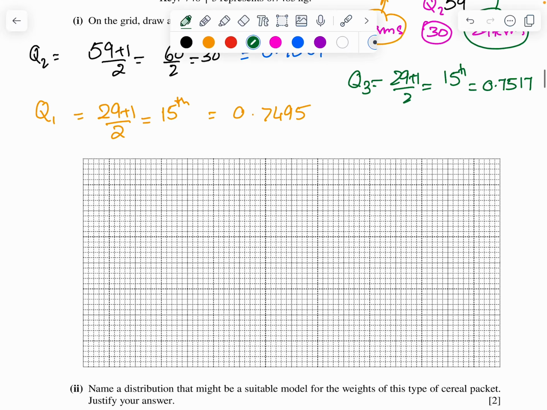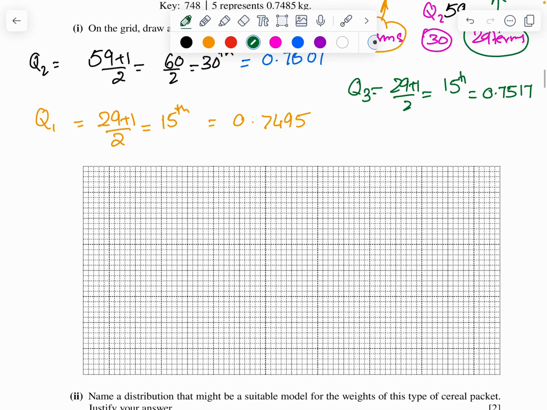Now what we have to do is draw a box and whisker plot. For that, first of all, we have to draw the scale. So I draw the scale over here.